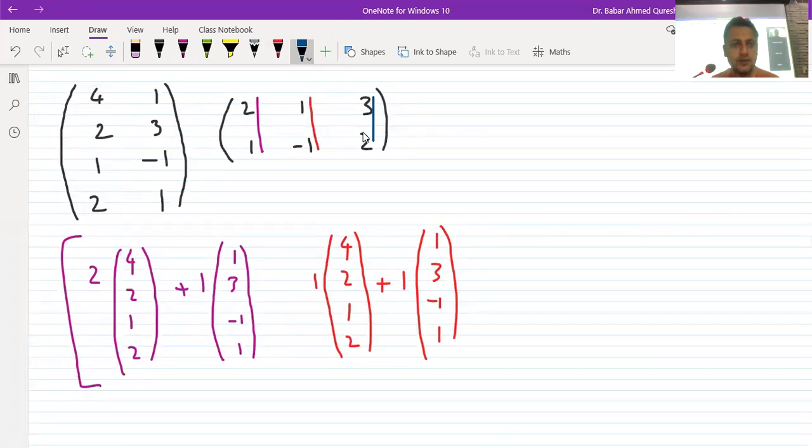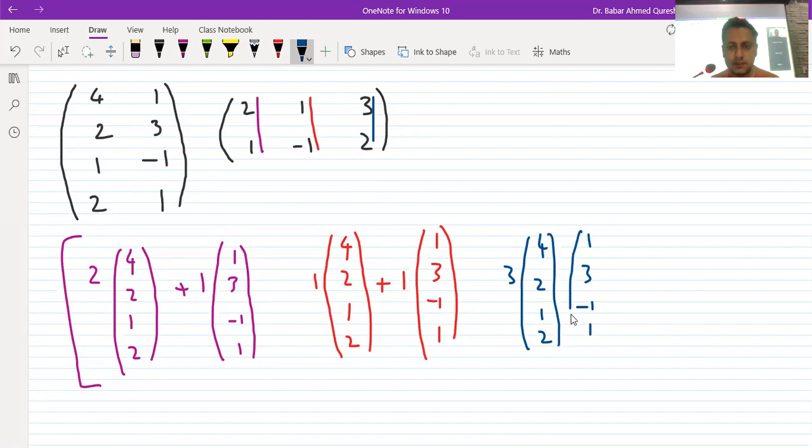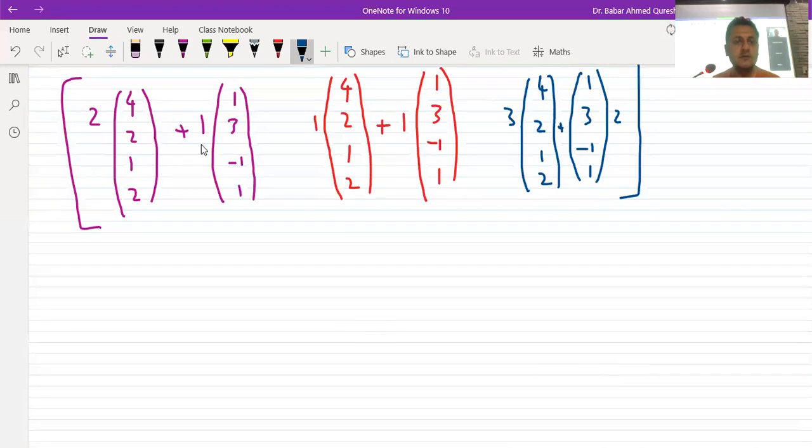So you will get as many columns as you are making linear combinations. So you are doing 3 times 4, 2, 1, 2, plus 1, 3, minus 1, 1. This guy is being multiplied by 2. So you can do that.